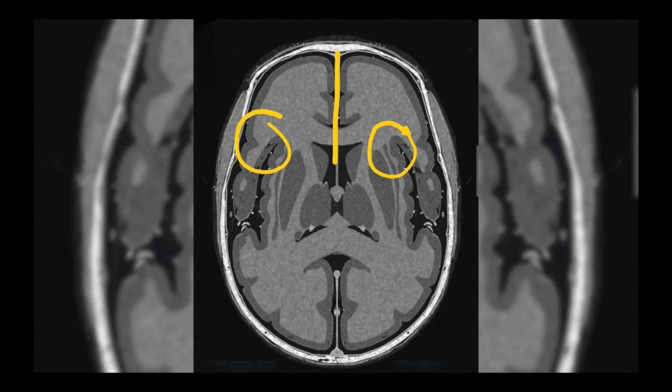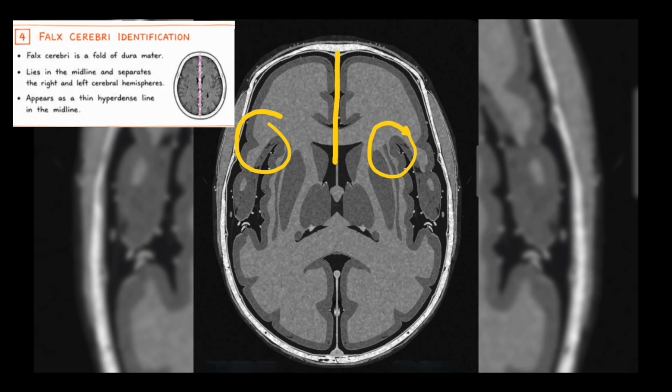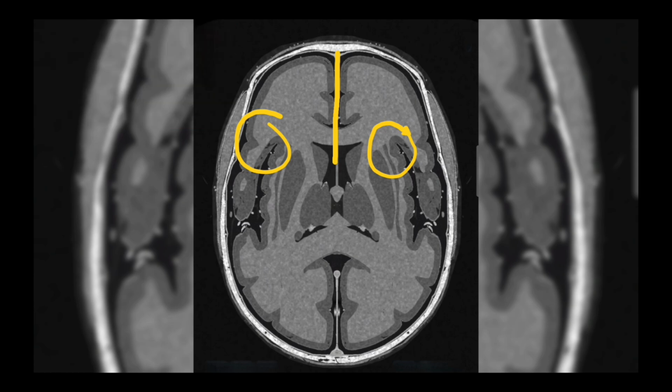This structure is particularly useful because it helps to identify the midline of the brain. And why is the midline important? Because later, when we look for conditions such as mass effect or a hemorrhage, we need to determine whether the brain structures have been pushed away from the normal position. That is what we call the midline shift.